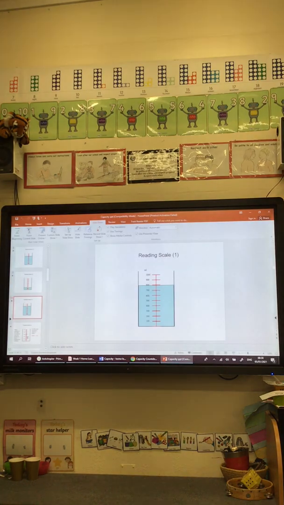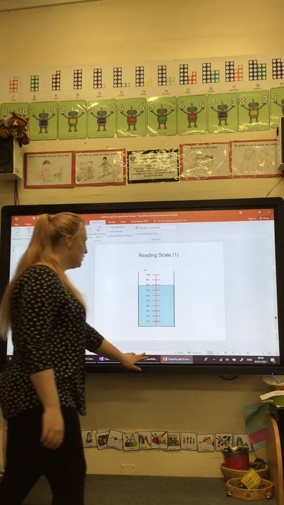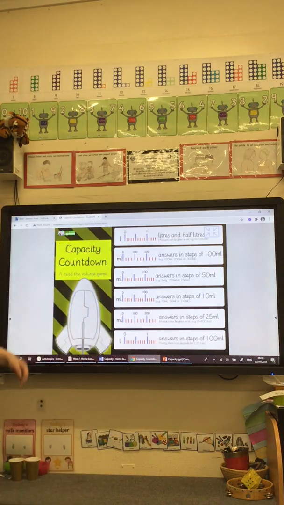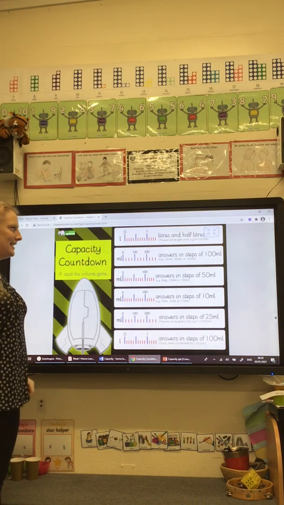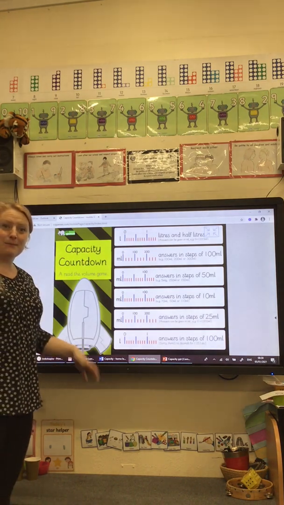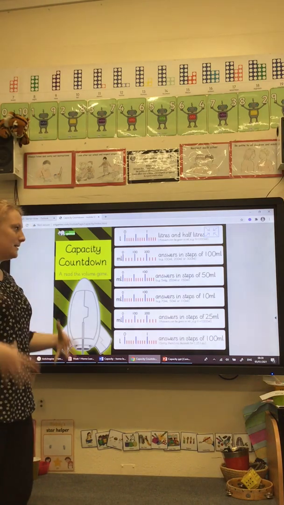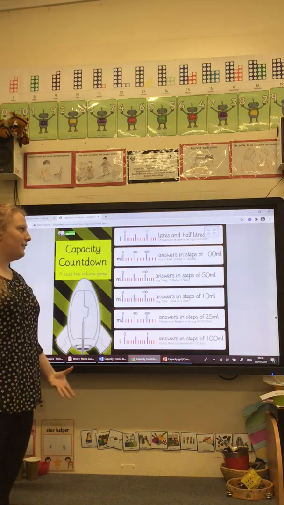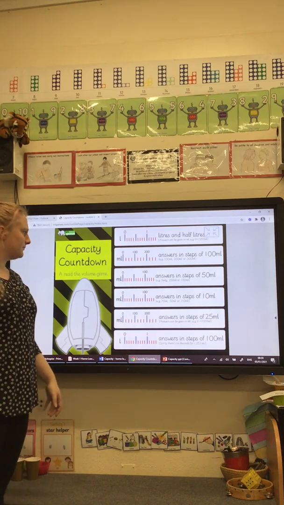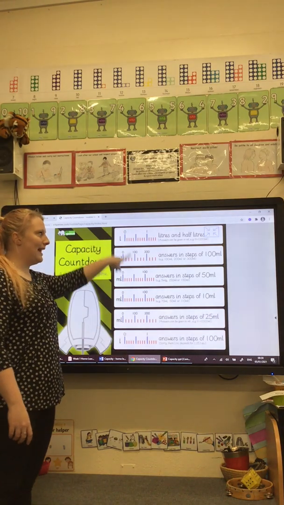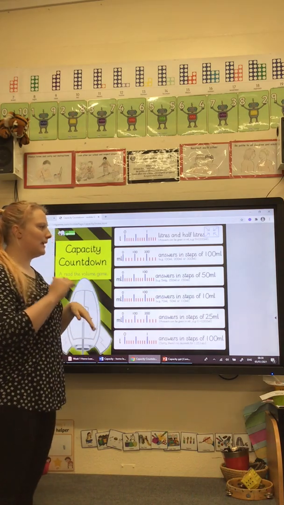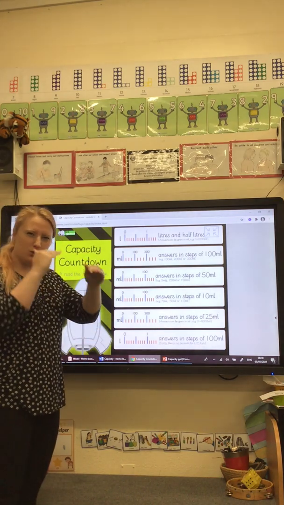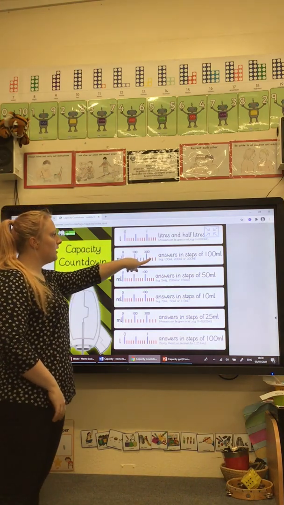Okay, I'm going to show you a little game that's all about capacity, and it's very, very similar. And if you want to play this game at home, it's called Capacity Countdown, and it's on ICT Games. It's going to give us a measuring jug, and we're going to find out how much liquid is in it. Now, we can choose how tricky it is. So if you find it a bit tricky getting those 50 millilitres between the lines, then we can start with the 100.